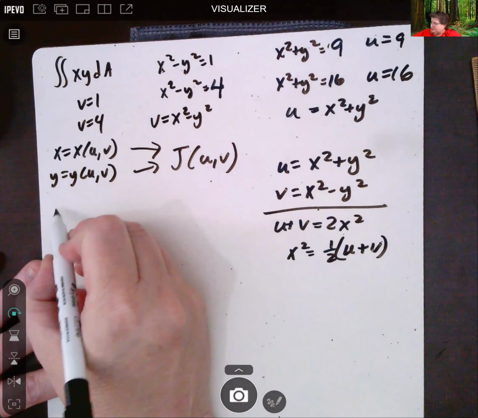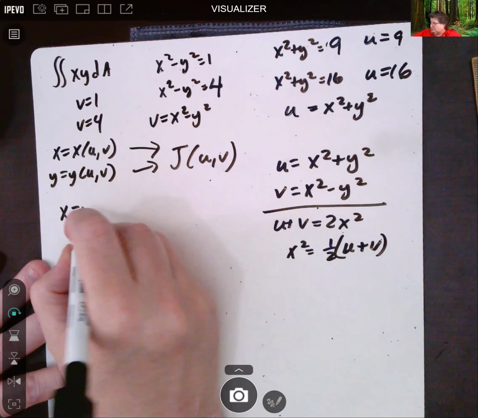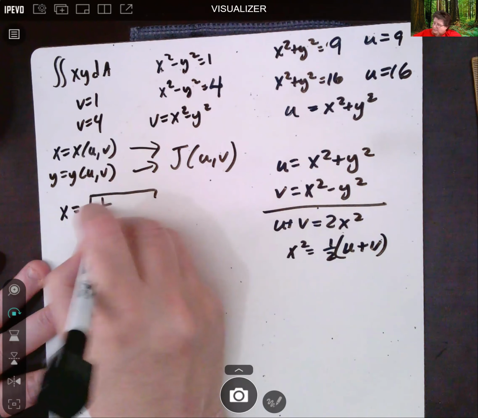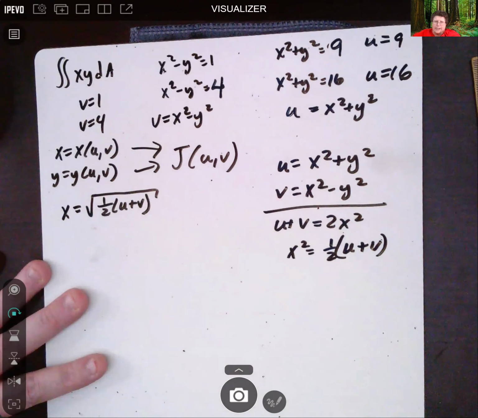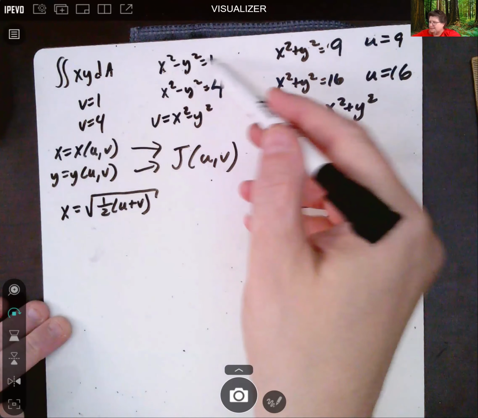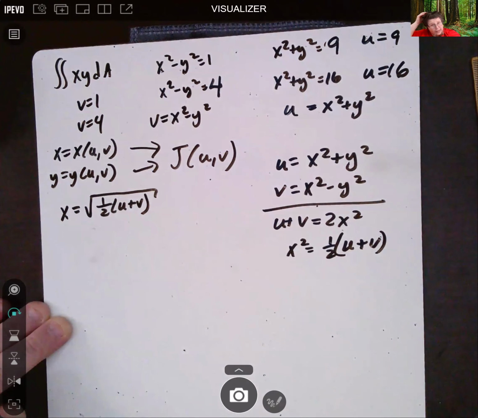And so I could do x equals the square root of that. Now the Jacobian might be ugly, but at least it's just a one-step ugliness. Even figuring out how to set up these boundary conditions and how to integrate, leaving them in terms of x and y, I think is going to be worse.